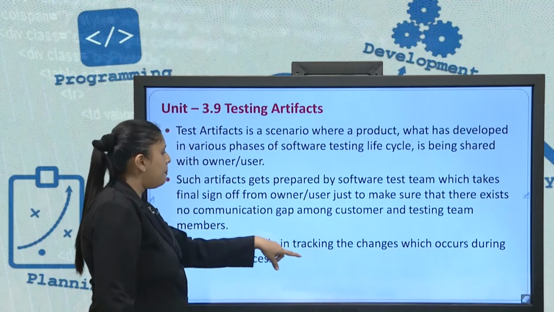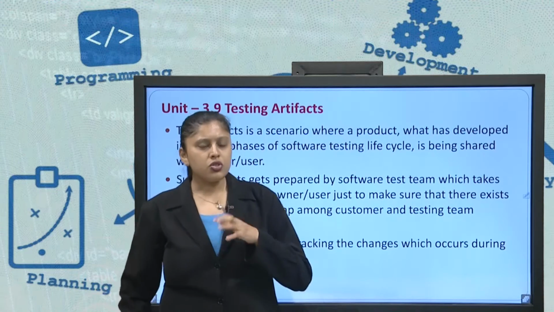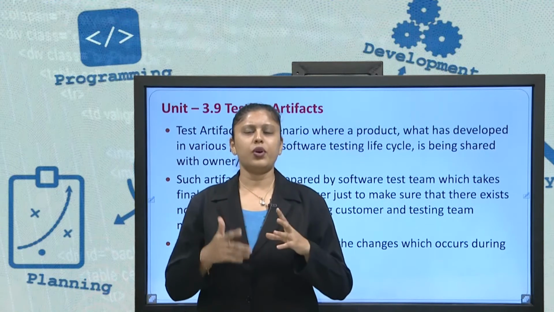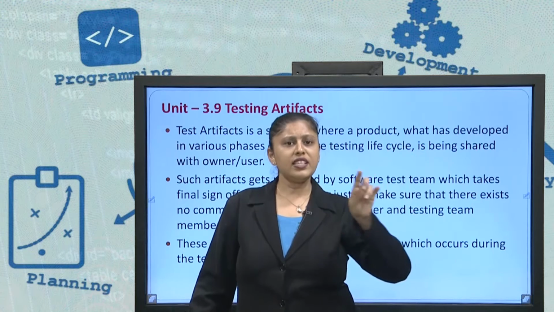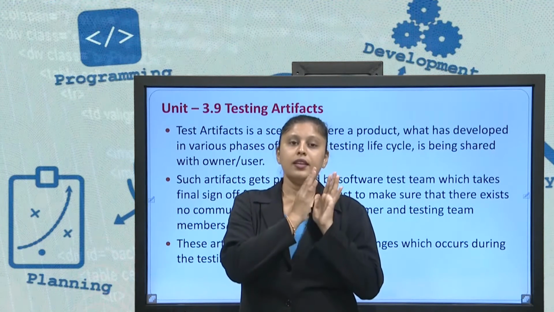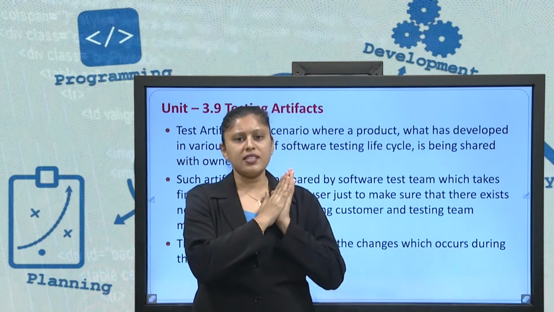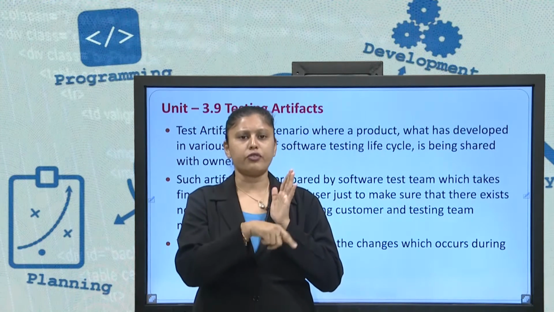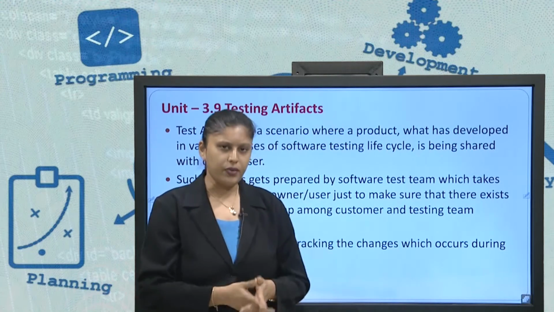These artifacts help in tracking the changes which occur during the testing process. For example, if my customer needed some XYZ functionality and that XYZ functionality is not there in the test case, then my customer can demand it again: I need this XYZ facility which is not provided by your software, so kindly provide that functionality.